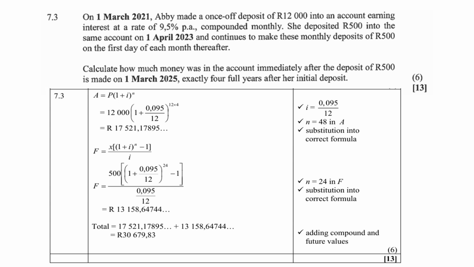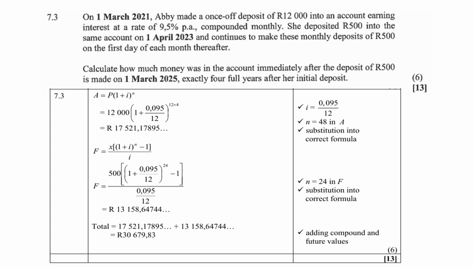Now you must calculate how much money was in the account immediately after the deposit of 500 Rand is made on the 1st of March 2025, exactly 4 full years after her initial deposit. That is where we start. We start with the grade 11 formula, A equals P times 1 plus i to the power of n. Remember, A is the final amount, so we first start off with the final amount.